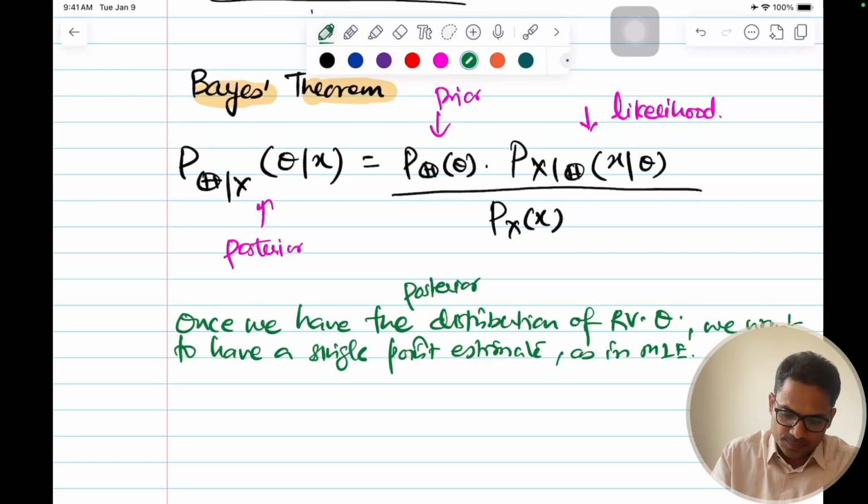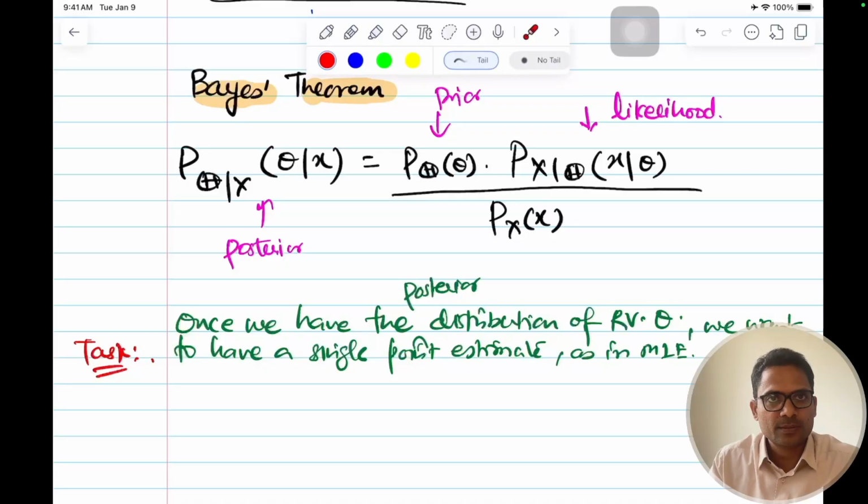So this is the task: to have a single point from that distribution.